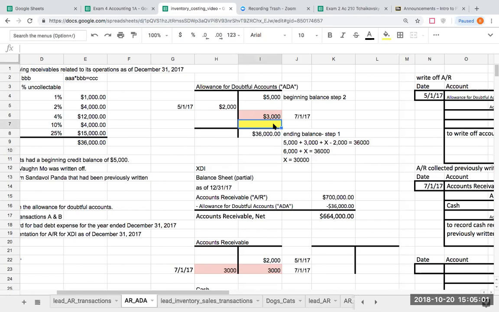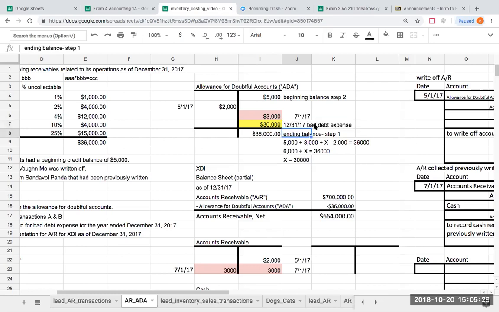So when I put 30,000 here, I'm showing my final step when I do the balance sheet method as a percentage of accounts receivable based on an aging for my allowance for doubtful accounts. The very last step I do is recording bad debt, essentially my 12/31 entry, bad debt expense.